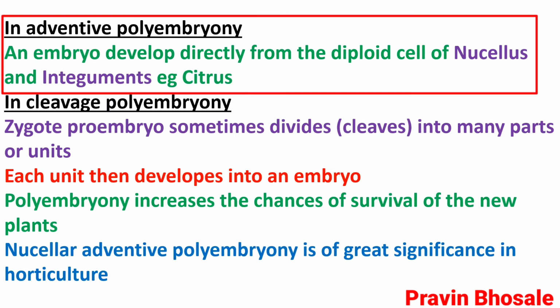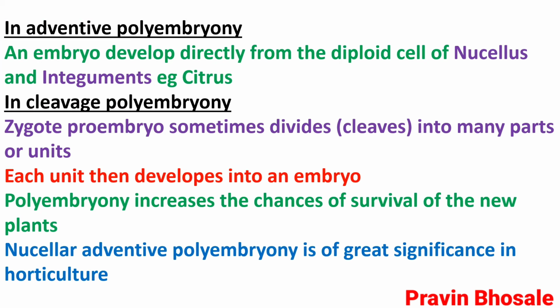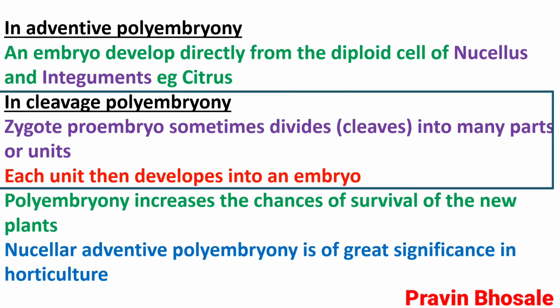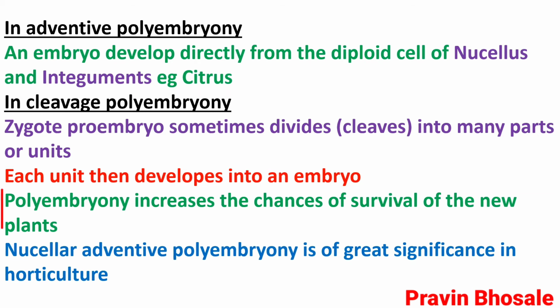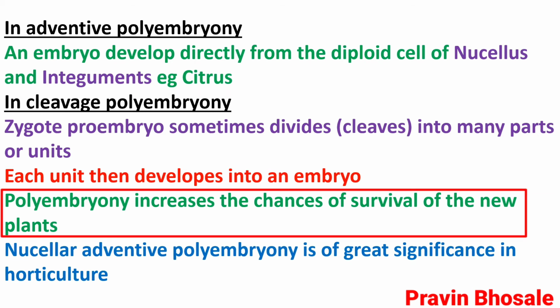In adventive polyembryony, embryo develops directly from the diploid cell of nucellus and integument. Example citrus. In cleavage polyembryony, zygote proembryo sometimes divides into many parts or units. Each unit then develops into an embryo. Polyembryony increases the chances of survival of the new plant.